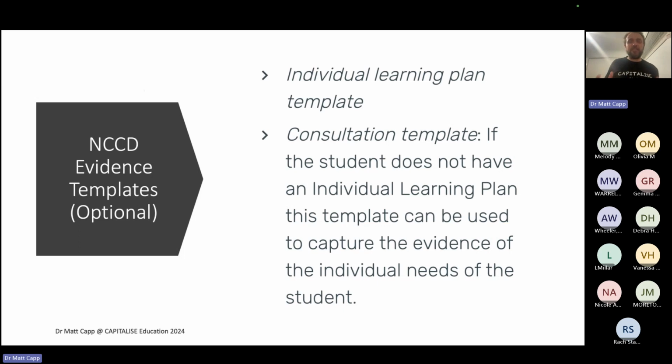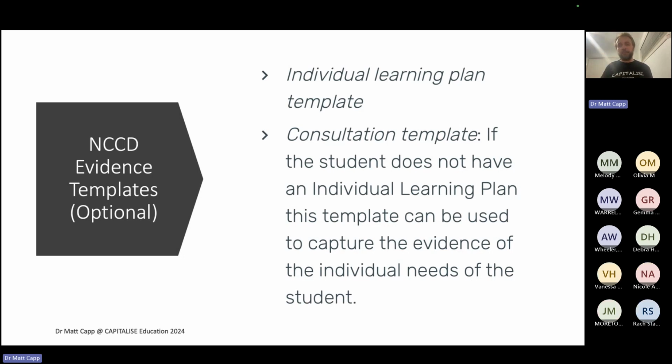So a student with a disability who's receiving really good quality differentiated teaching practice might not have an individual learning plan. Because if you have an individual learning plan for every student with disability in a school, including those who have received quality differentiated teaching practice, you might be spending hours developing individual learning plans for students who just need that quality differentiated teaching practice.